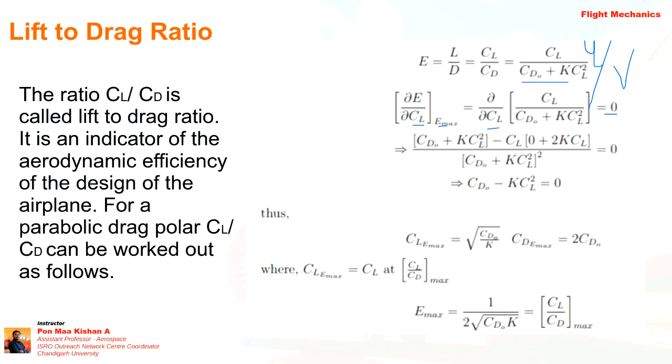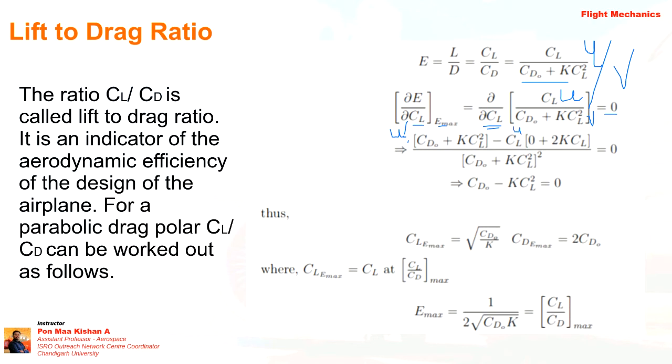When we differentiate U by V with respect to CL, U is CL and V is the denominator term. U dash, differentiating CL with CL, is 1, and V is CD naught plus KCL square, minus U times V dash.